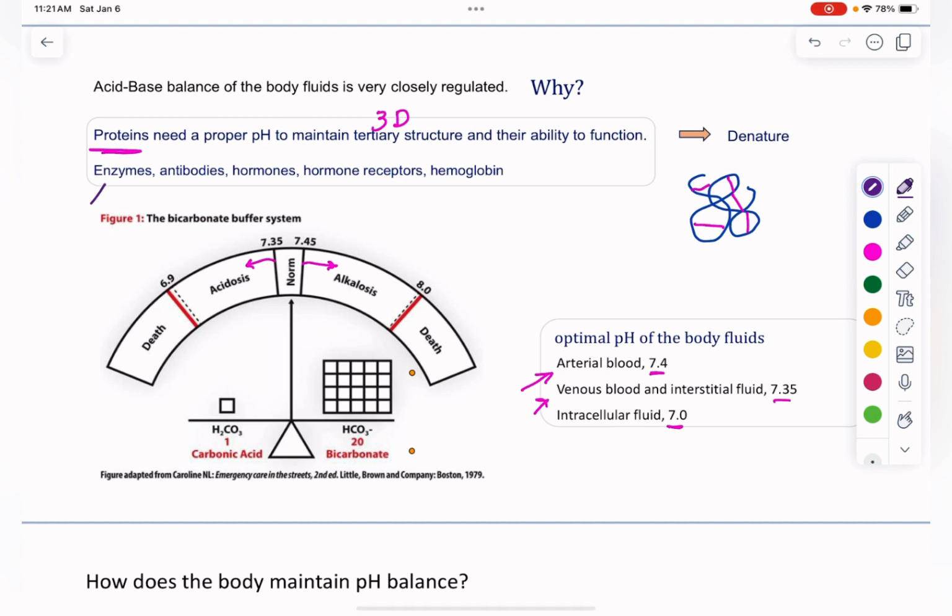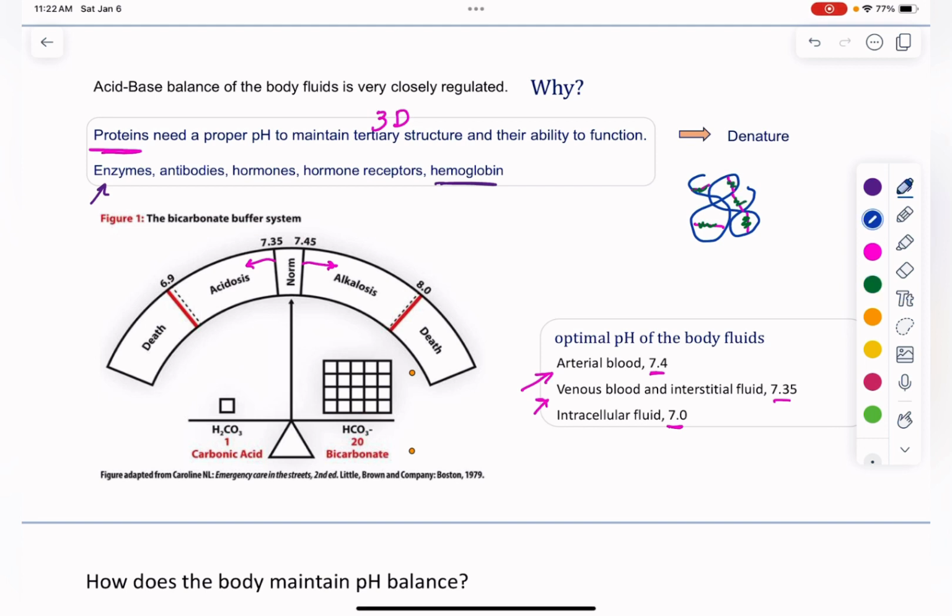Examples of proteins in the body are enzymes, antibodies, hormones, and hemoglobin within red blood cells. All of these need to be in their three-dimensional structure to be able to function. And what happens is that if you start getting a little bit too acidic or a little too basic, these chemical bonds and intermolecular forces start to break.